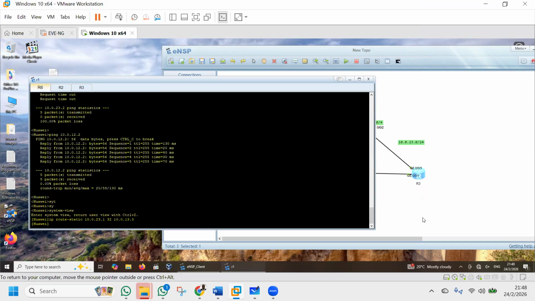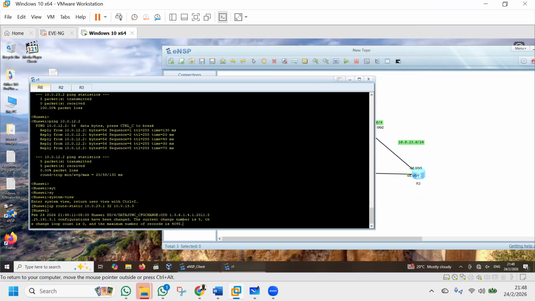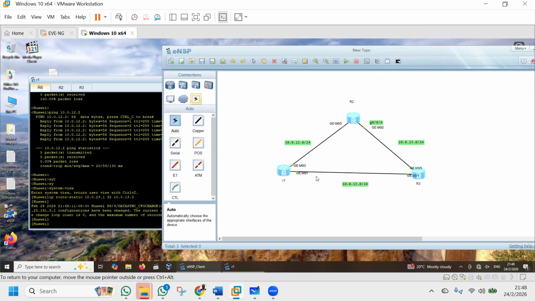Right. So if I want to get to this... I'm going to try the OSPF.